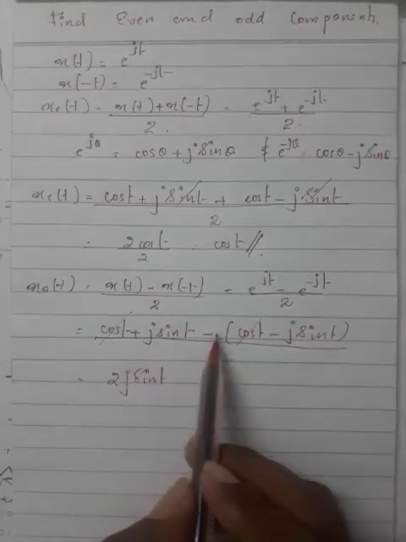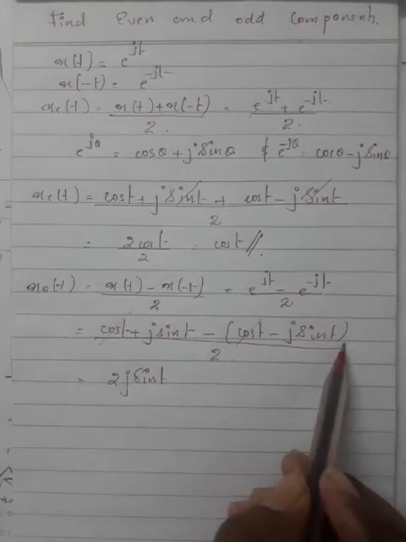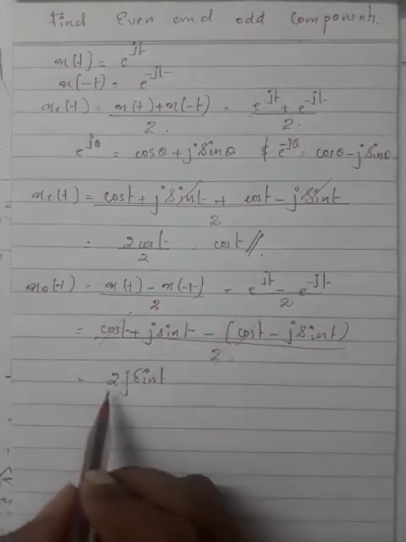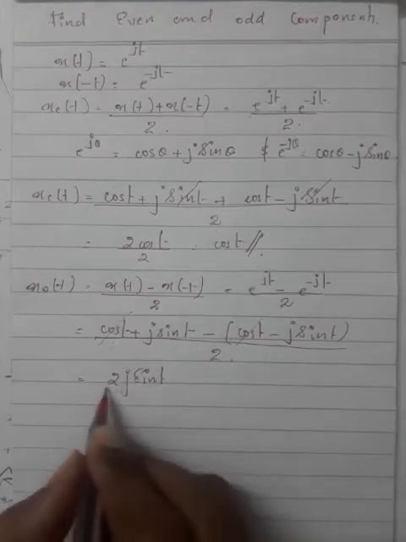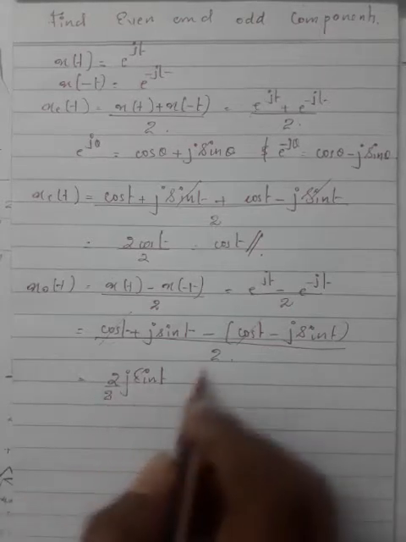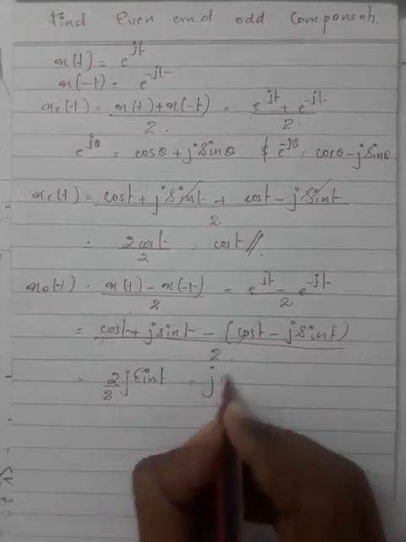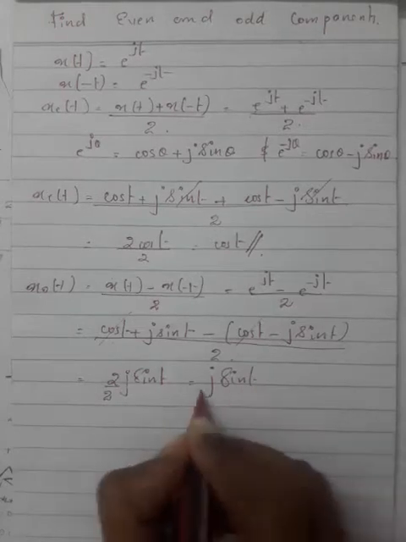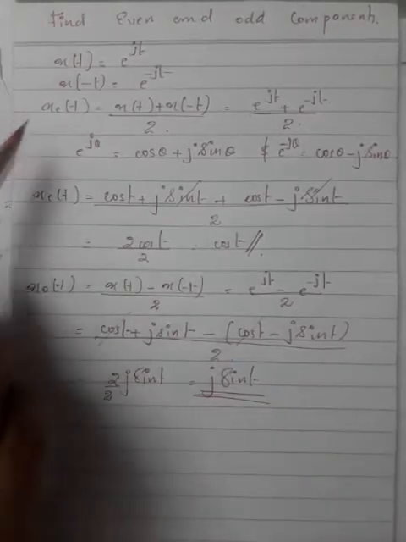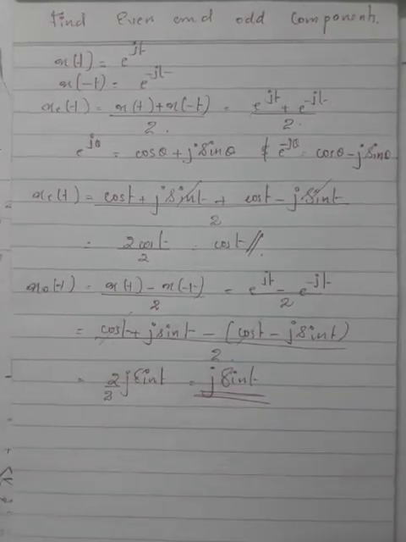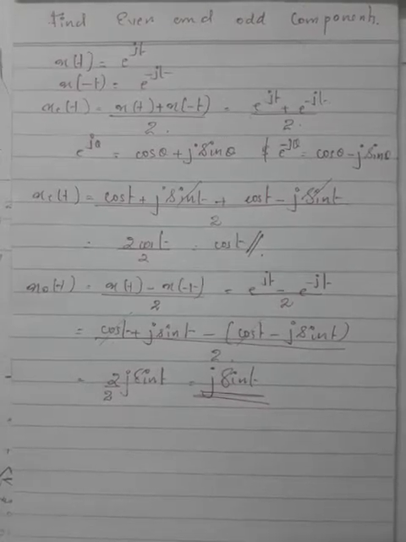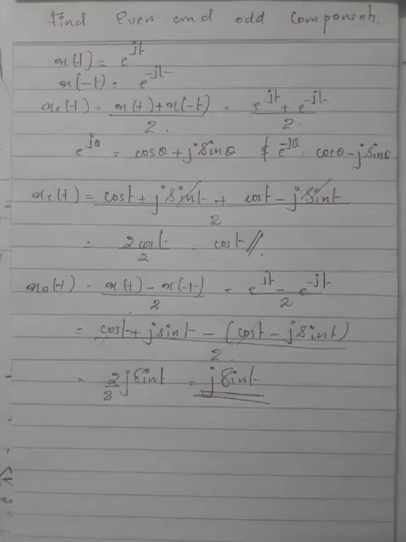This is j sin t minus of minus j sin t equal to 2j sin t divided by 2, which is equal to j sin t. This is the even component and this is the odd component. In a similar way we can find different signals' even and odd components.